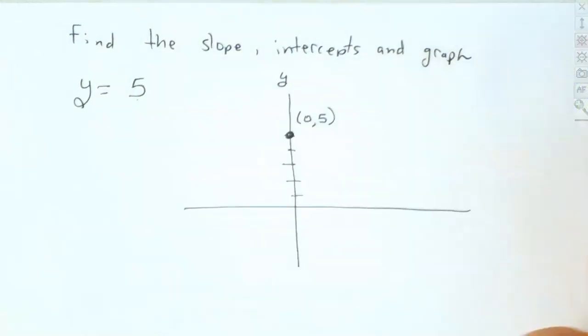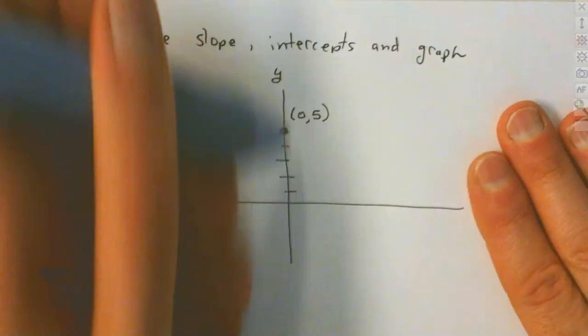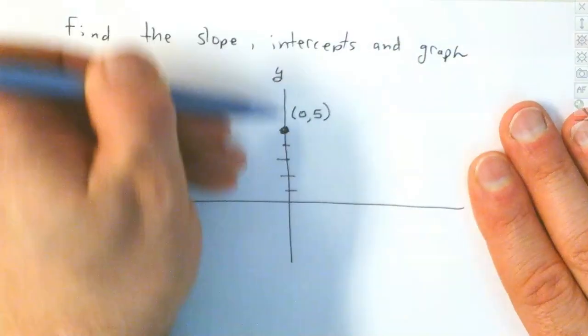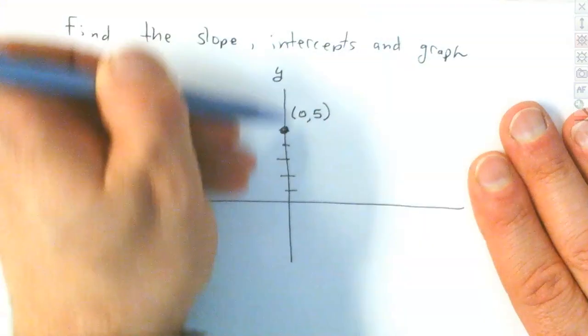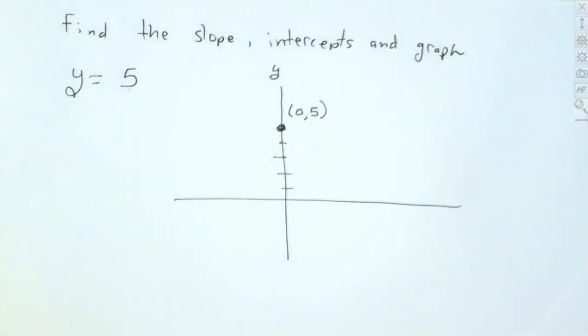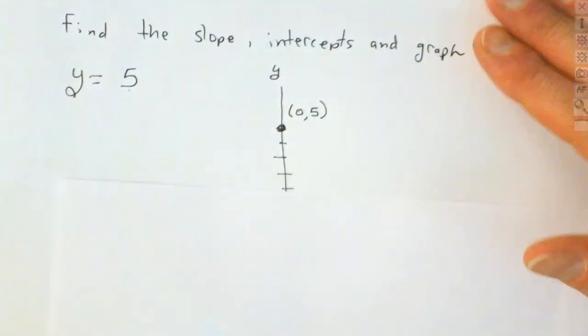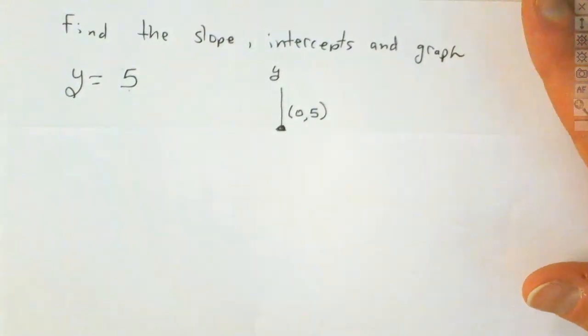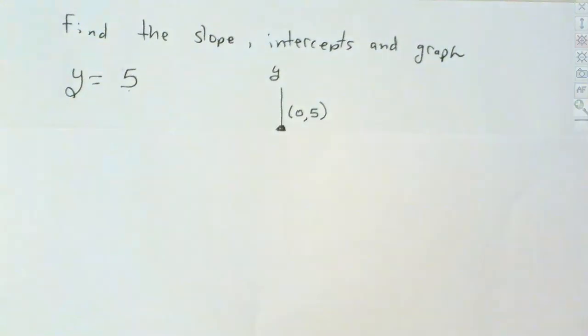Now, if it is a y line, is it vertical or is it horizontal? It's going to be horizontal, right? Because look at your dot. It wouldn't make sense to go up and down, would it? Always look at and see if it makes sense. It makes more sense to go that way. So this is your y line. And so y lines, remember, are horizontal.